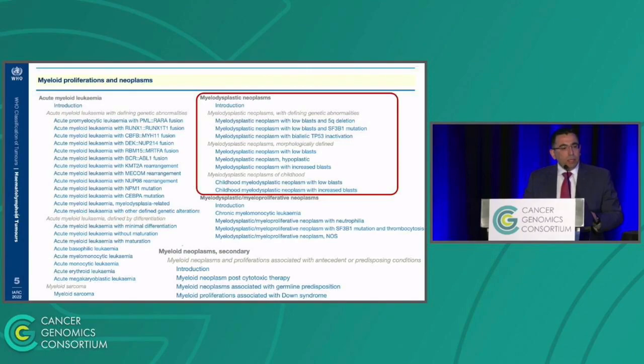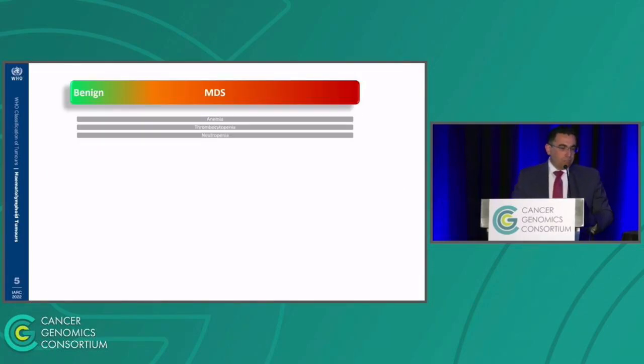Under MDS with defining genetic abnormalities, you will see that the third entity there, the third MDS type, is MDS with biallelic P53 inactivation. And it is really the data that I shared with you that, in addition to some more that I'm not sharing today, that really gave us the foundational elements to make that change.